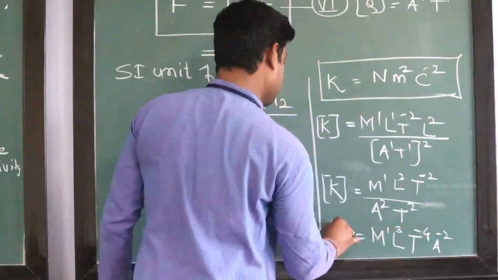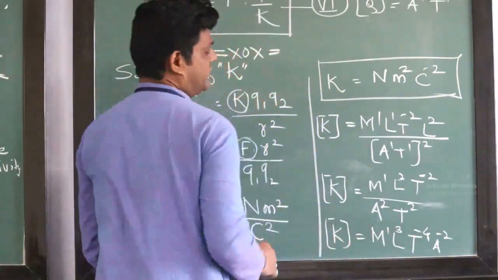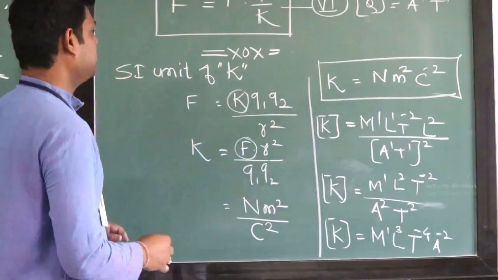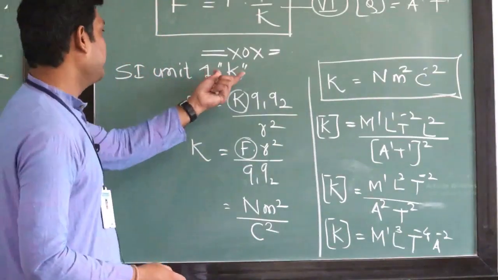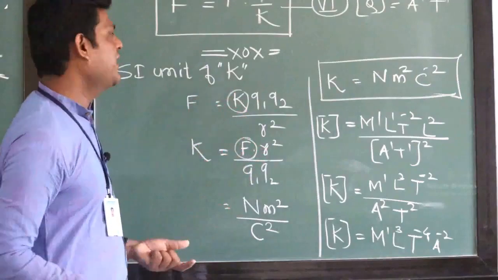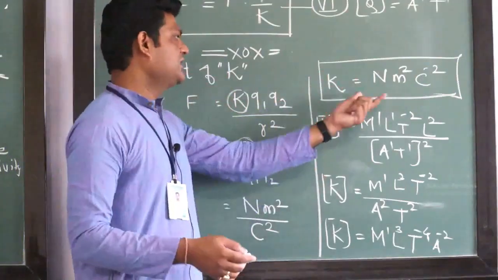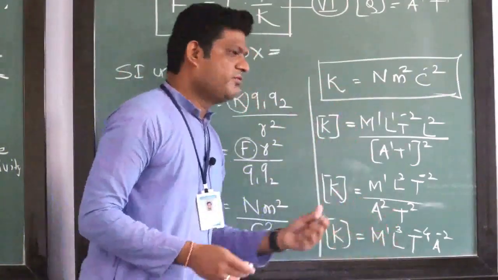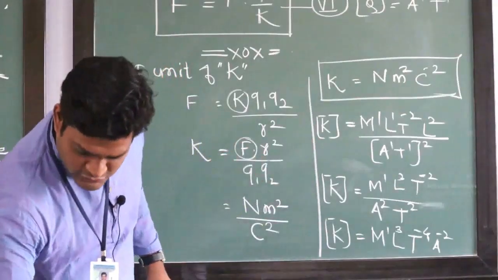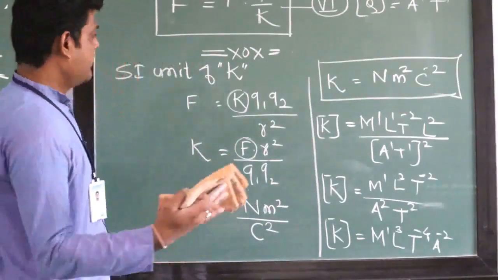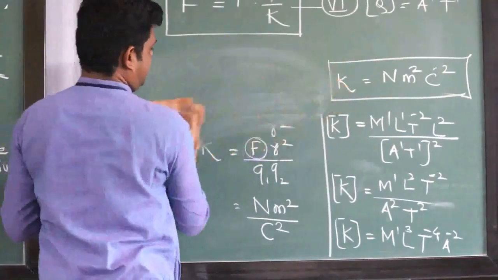So this is the dimensional formula for the Coulombian constant K. This may be an MCQ with 4 options: find the SI unit of K, or the dimensional formula for K. So we have found the answers.